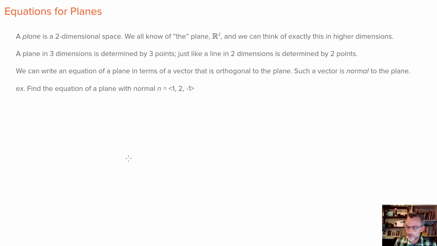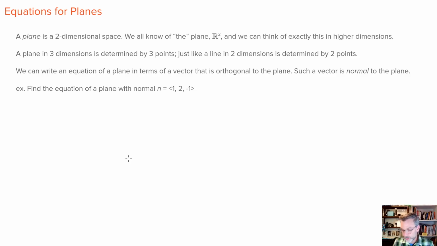And similar to a line being determined by 2 points, a plane is determined by 3 points. Okay? You can try it out at home. The plane is completely determined by those 3 points. These are intuitions that you have, right? You can go out and experience that.